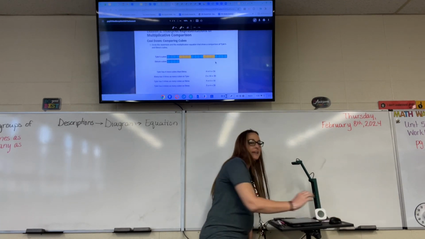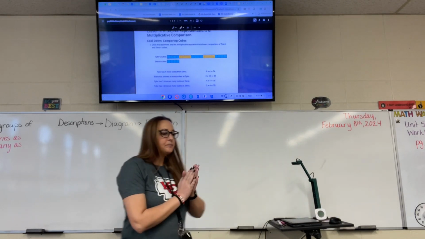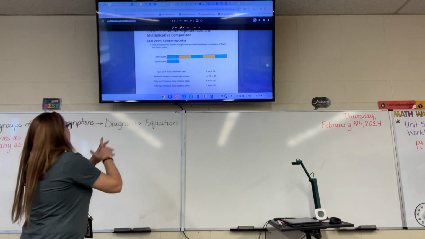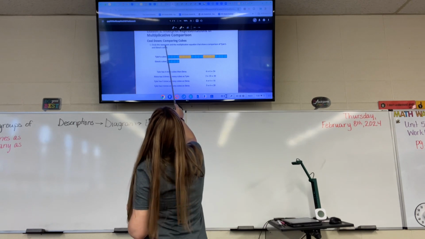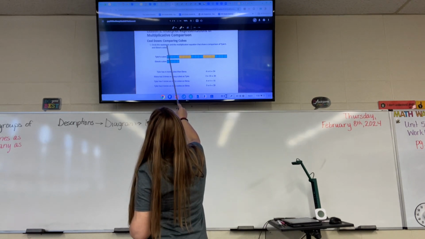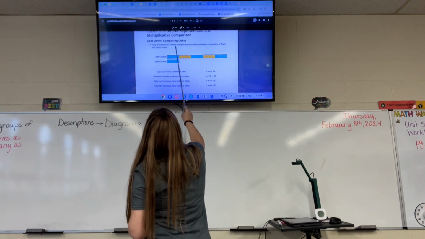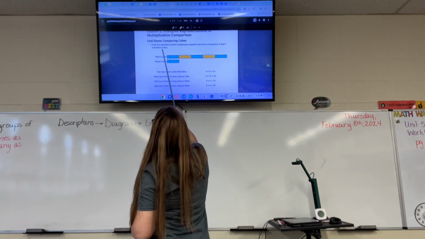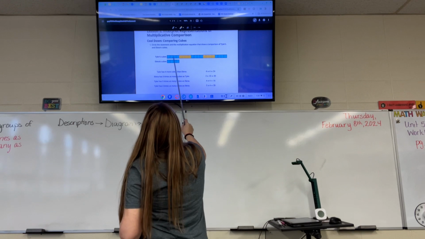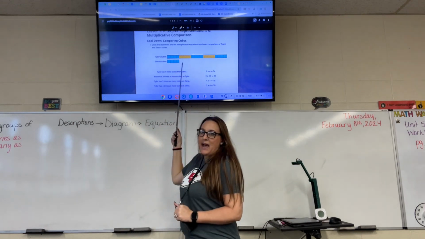Okay, a couple of things before you start. The instructions say circle the statement, which is like the description, and the equation that show a comparison of Tyler and Alina's cubes. How many does Alina have?